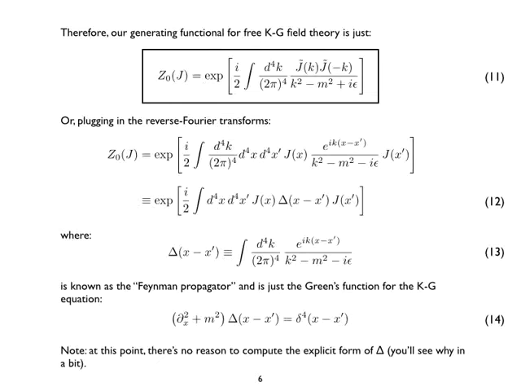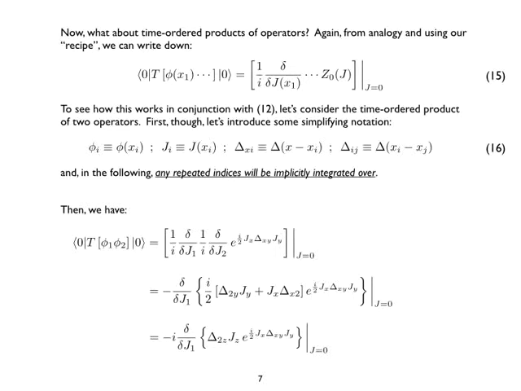Okay, and just to give away the spoiler alert here, these guys are called source terms because they're going to create a particle at space-time point x prime. And then this guy, the propagator, is going to take me from x prime to x. Okay, and then this guy is like an anti-source term, so it's going to annihilate the particle. We'll get to that, but I just want you to understand where I'm coming from with some of the terminology.